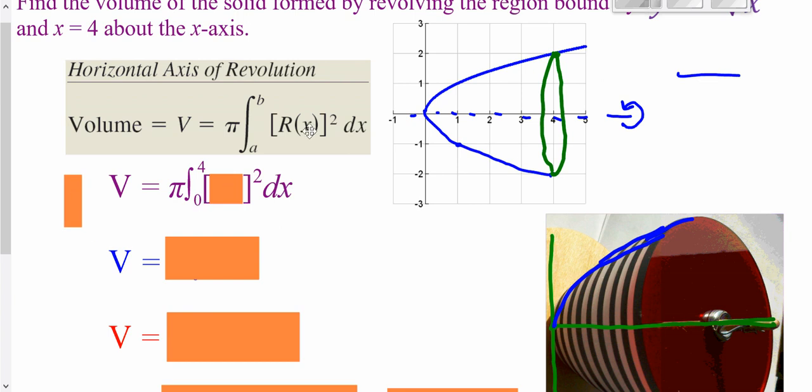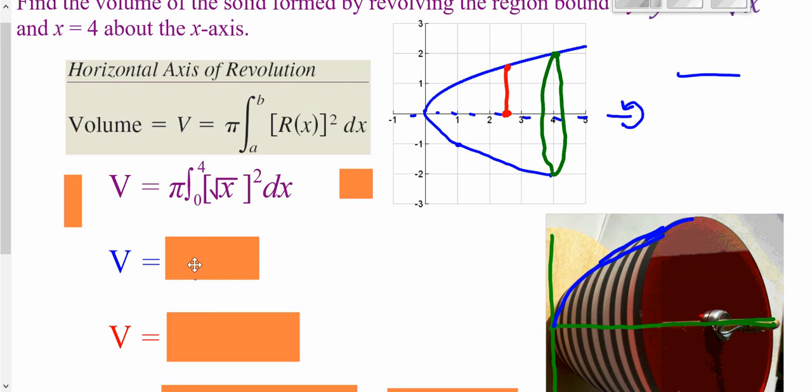Now, what we're looking at here is really your radius, which goes from here to here. So it's your function minus what's on the bottom, which is 0, so it's just your function, because subtracting 0 doesn't change it.